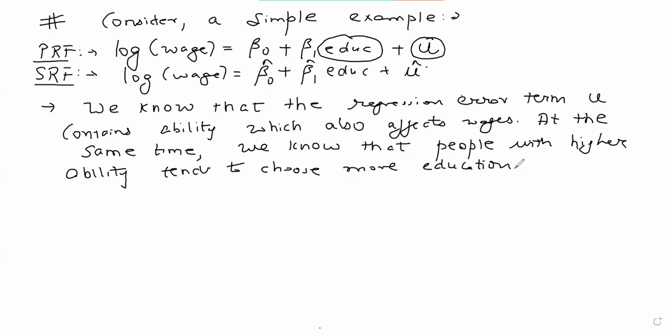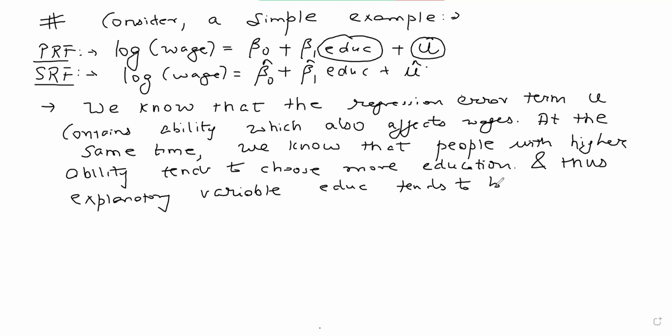People who are more able, who have higher levels of ability, also tend to acquire higher levels of education. And thus, I can say that my explanatory variable, education, tends to be correlated with my error term u.